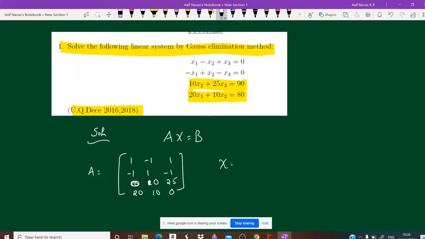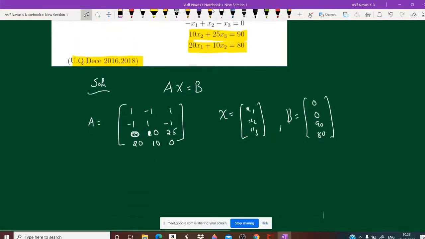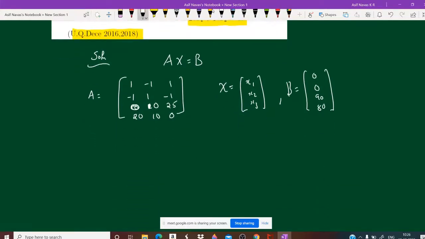Now we will write the unknowns, x1, x2, x3, and B is 0, 0, 90, 80. Okay, so now we will write the augmented matrix. Tell me what is the augmented matrix AB.